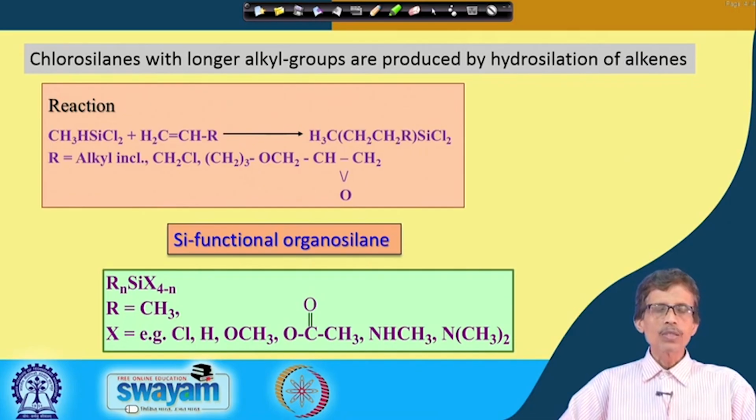So, we are able to replace all the halogen groups, that means all the X groups around the silicon, and we can make it a purely organic compound. At one end you have the carbon based functional groups and at the other end you have nitrogen based functional groups, and in between you have only the silicon.